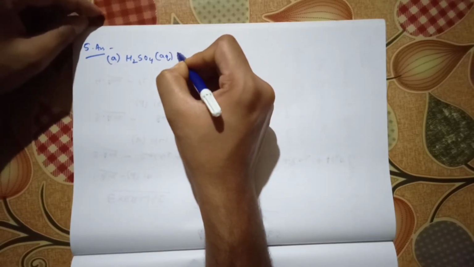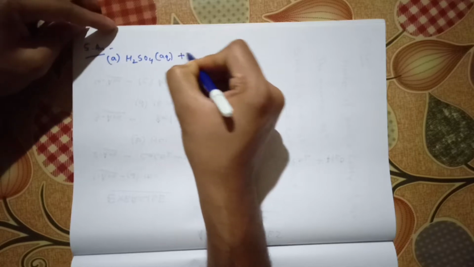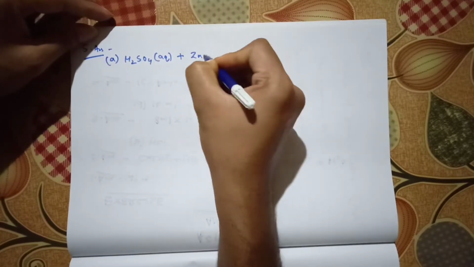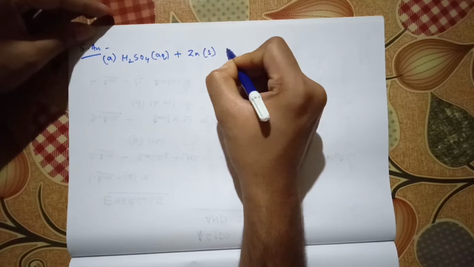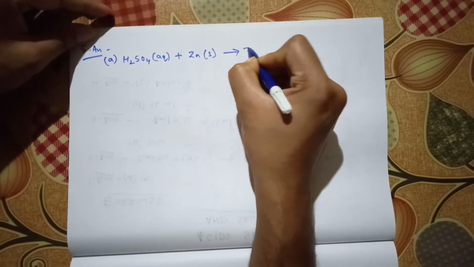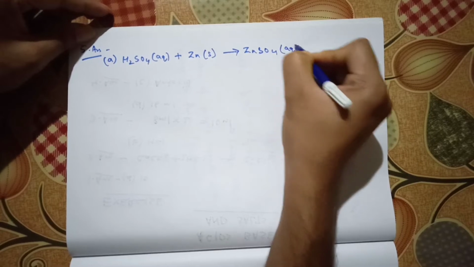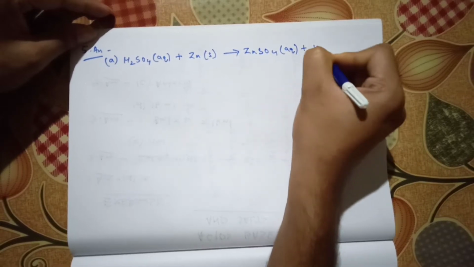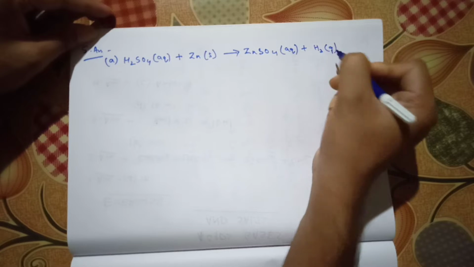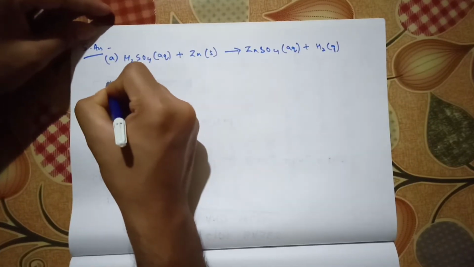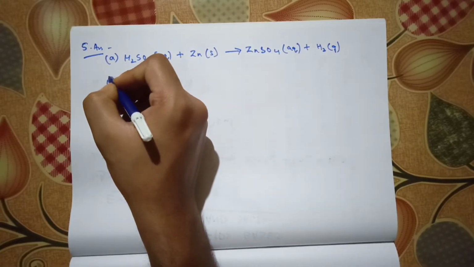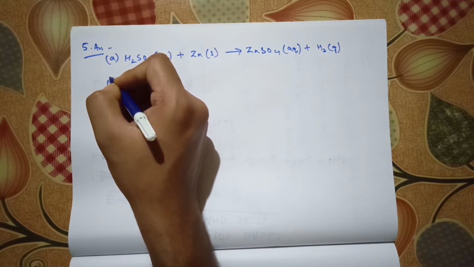Then it reacts with zinc granules, that is in solid form, and we get the products ZnSO4, which is in aqueous solution, then H2 in gas form. Number B, dilute hydrochloric acid reacts with magnesium ribbon.